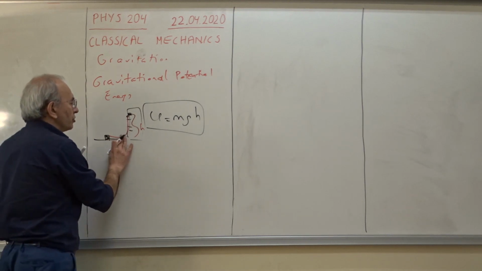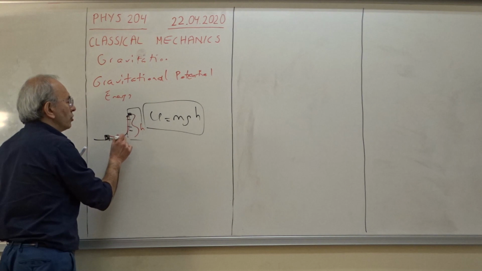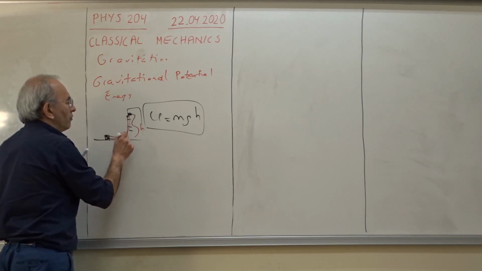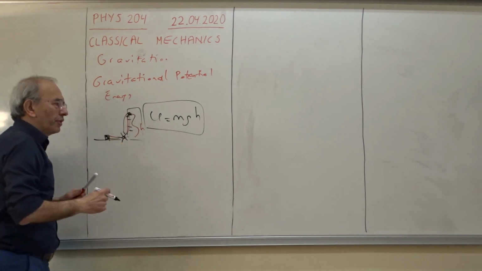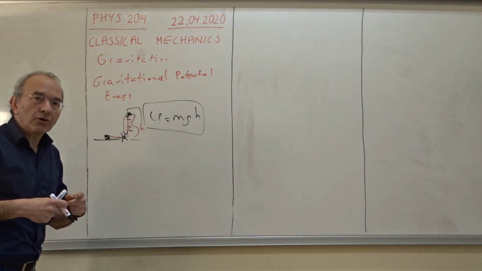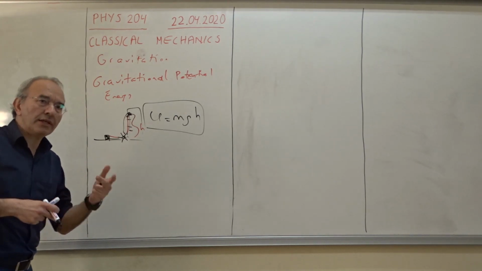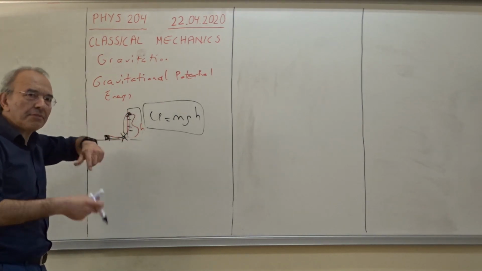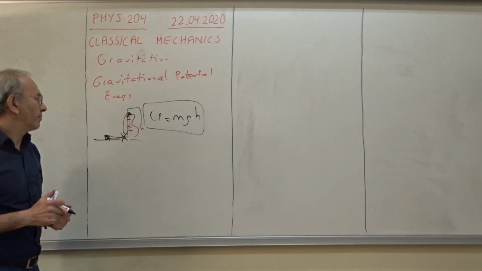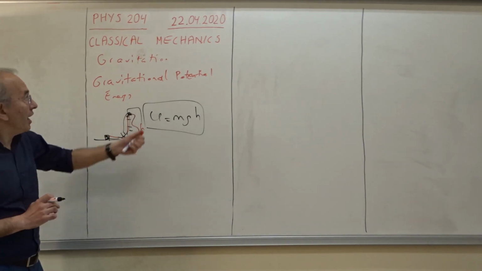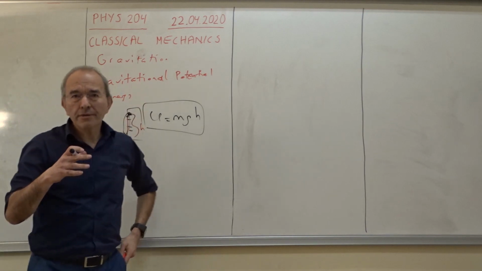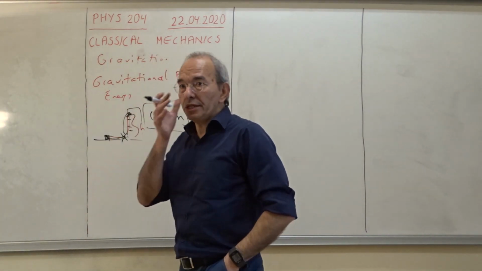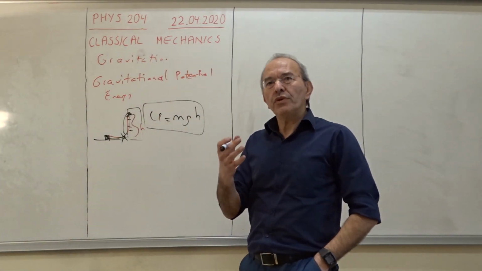Or if there is a certain wheel here, by falling on the wheel, it can cause the wheel to rotate, so that potential energy can be converted to kinetic energy, for example. However, now we will try to see the gravitational potential energy. What is the difference between them?